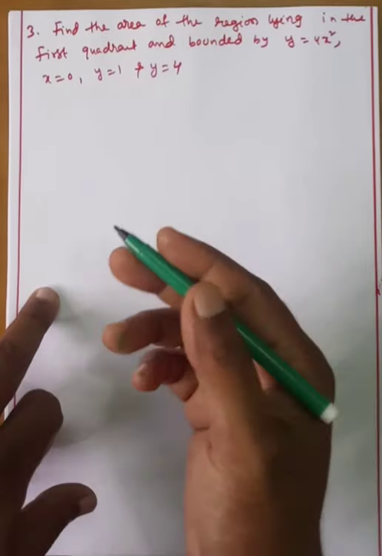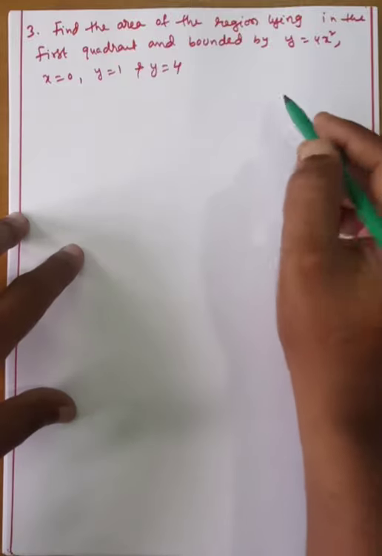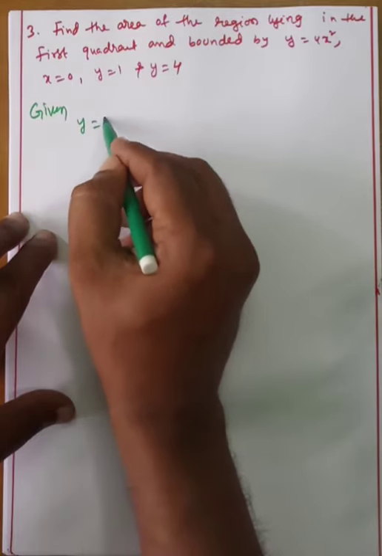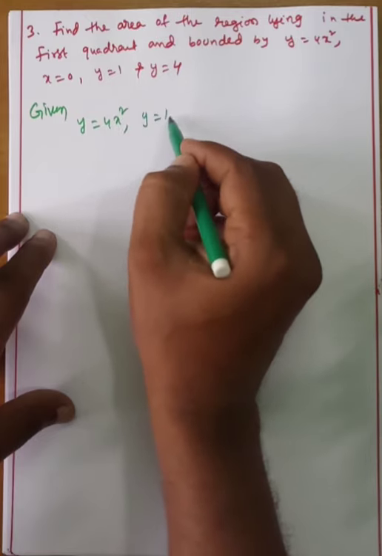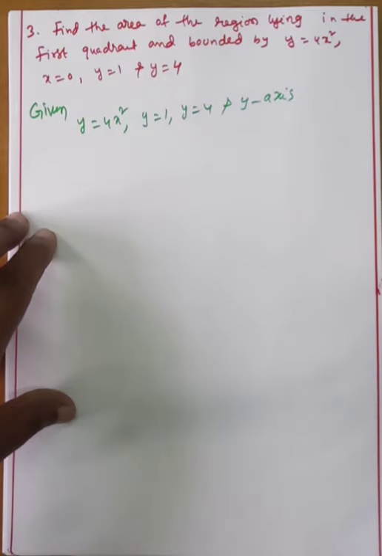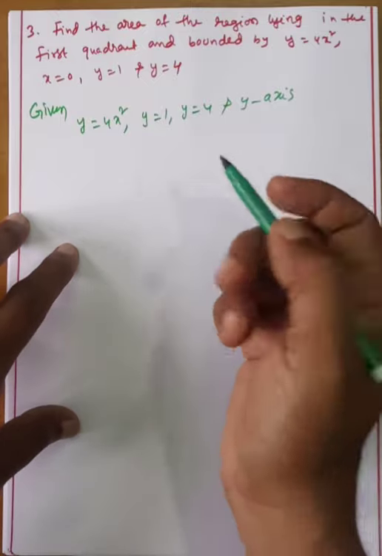Okay, my dear students, let us discuss the next problem, the third problem. Find the area of the region in the first quadrant bounded by the curve y is equal to 4x square, the lines y is equal to 1 and y is equal to 4, and x is equal to 0, the y axis. Since the y axis is given, we find the area with respect to the y axis, so the function must be in terms of y.